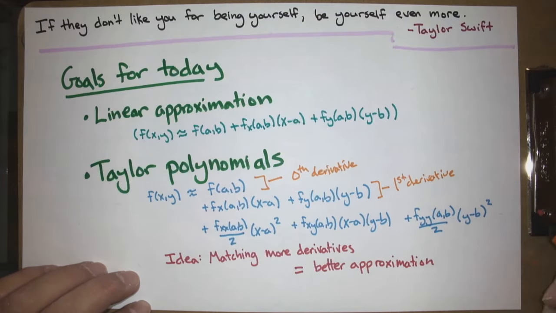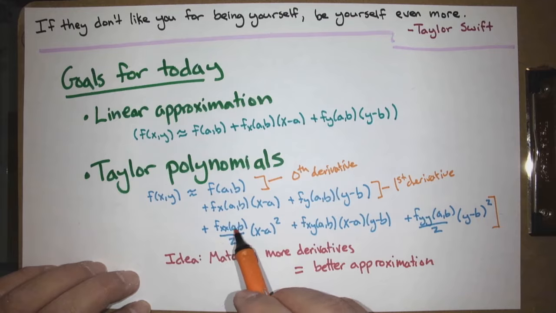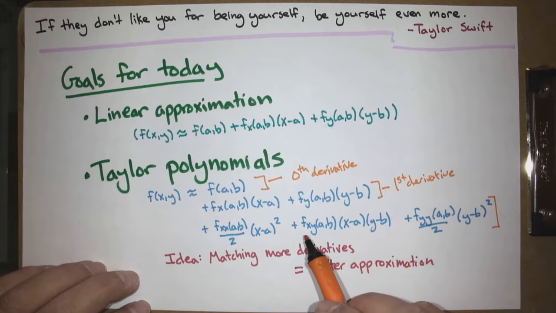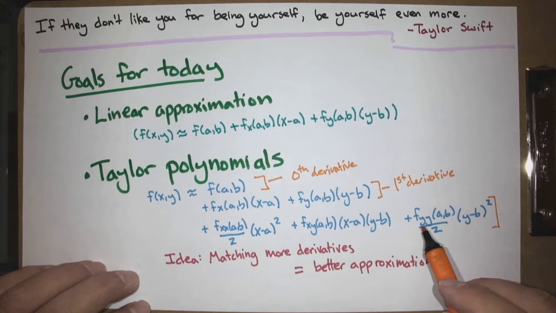But why stop? Let's look at second derivatives. So we have some terms: f sub xx, the second derivative with respect to x at the point (a, b), divided by 2, times x minus a squared. F sub xy, which we call the mixed partial derivative, at (a, b), times x minus a, y minus b.